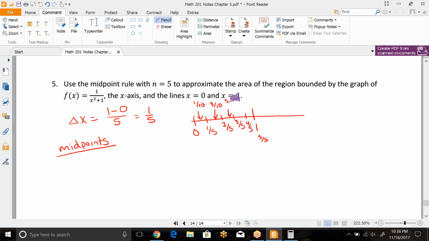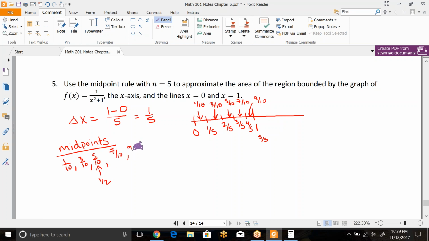This ends up being 5/10, or a half. This ends up being 7/10, because you add 3 and 4, and then you double the bottom. And 4 plus 5 is 9/10. Now, if you want, you can reduce 5/10 once you get it. I always list it first, then reduce it. So this one's actually a half that I'm going to plug in.